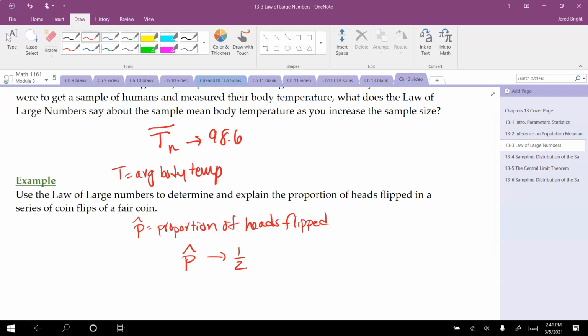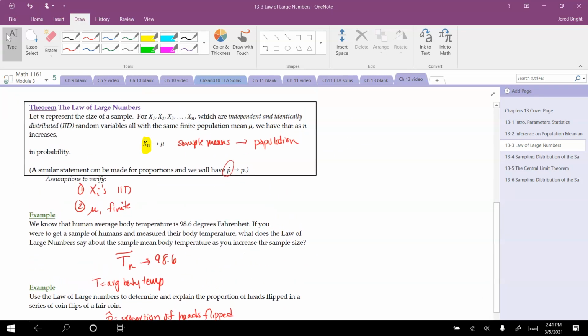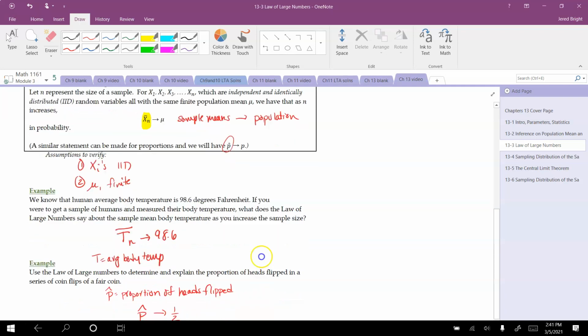So these are quick examples of the law of large numbers, but the idea with the law of large numbers is that the sample mean should approach the population mean as long as we have this IID feature where we have the observations being independent and identically distributed.